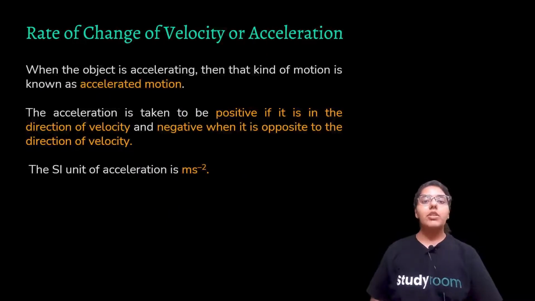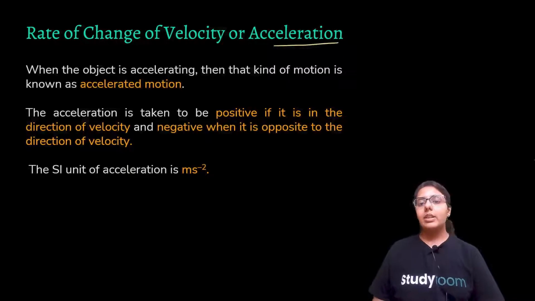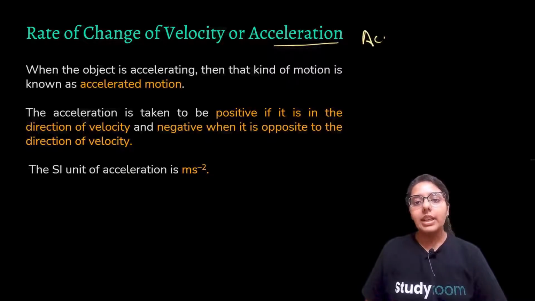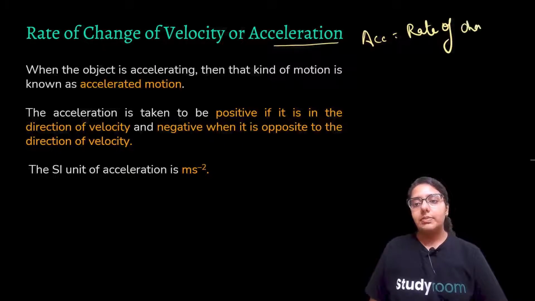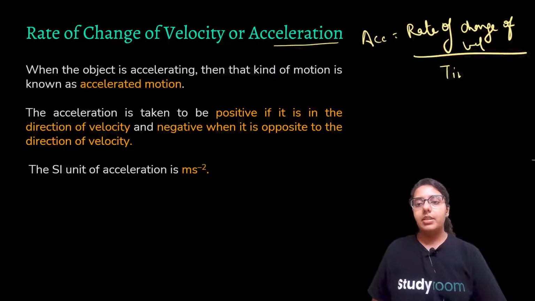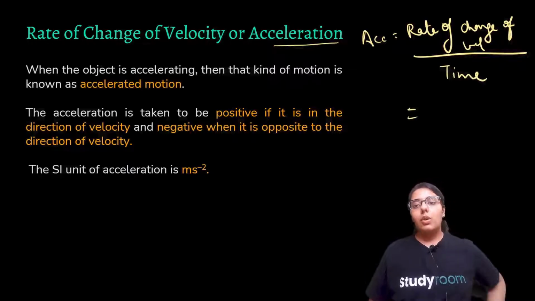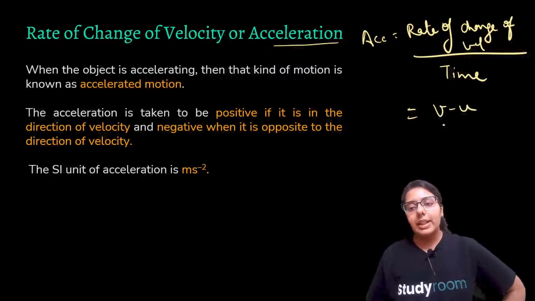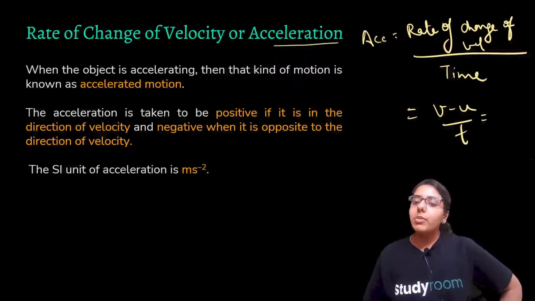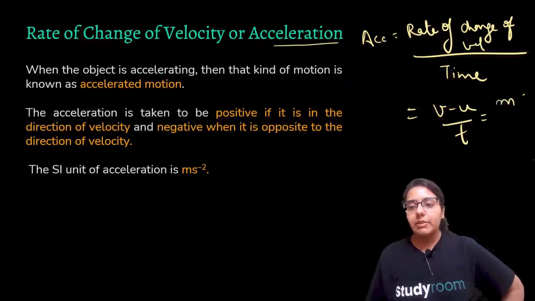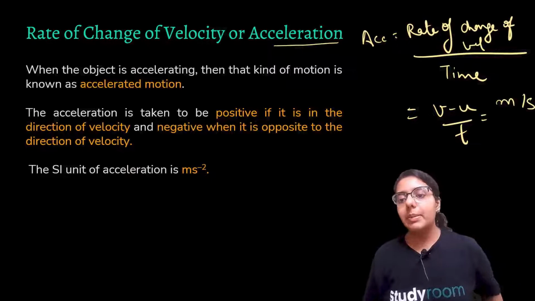Let's calculate the SI unit of acceleration. As we know that acceleration is rate of change of velocity per unit time, so what is rate of change of velocity? (v minus u) by t, right? And what will be the SI unit of this? Meter per second, of course, because we are subtracting velocity.